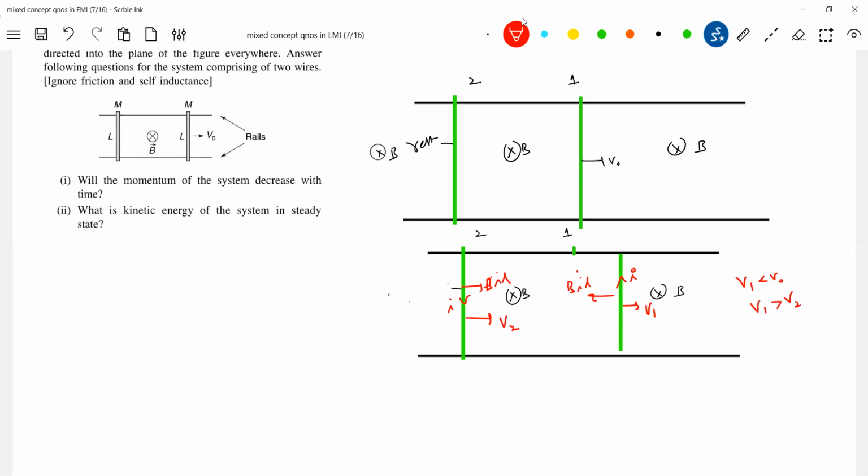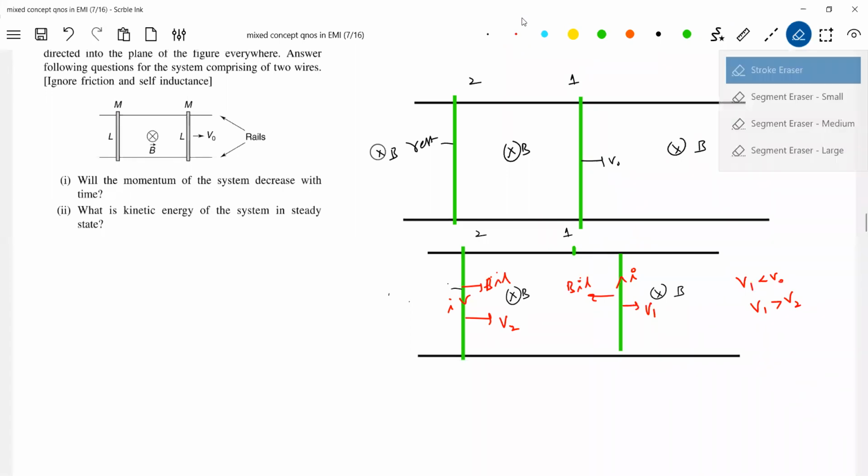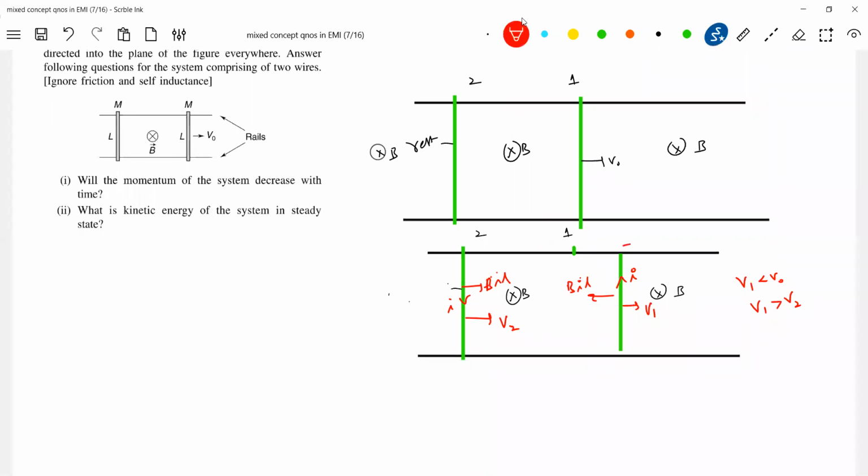Tell me what will happen. How long will this motion of the rod take place? Because of the BIL force, continuously the velocity of rod 1 will keep on decreasing, and the velocity of rod 2 will keep on increasing. At one instant, both will have a common velocity.